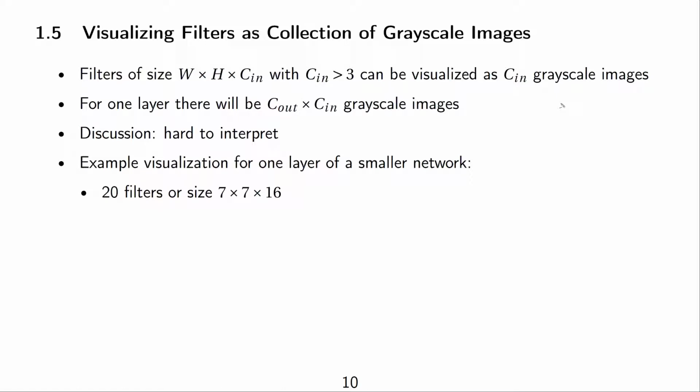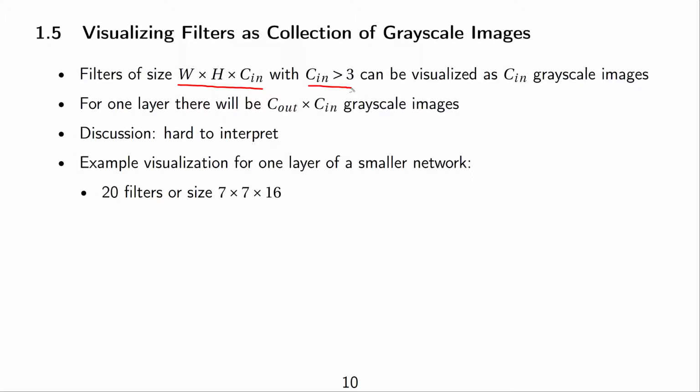Our next idea, if the number of input channels increases, is to visualize filters as a collection of grayscale images. We have filters of size width times height times Cin, where Cin is the number of channels of the input tensor to a particular layer. And we assume that Cin is greater than 3, so the red, green, blue image direct visualization doesn't really work.